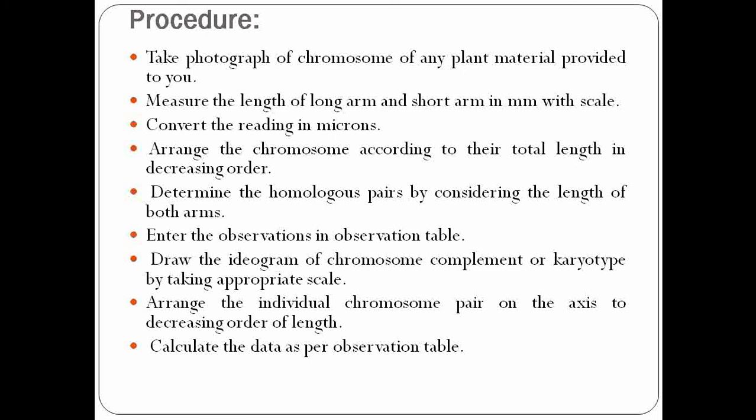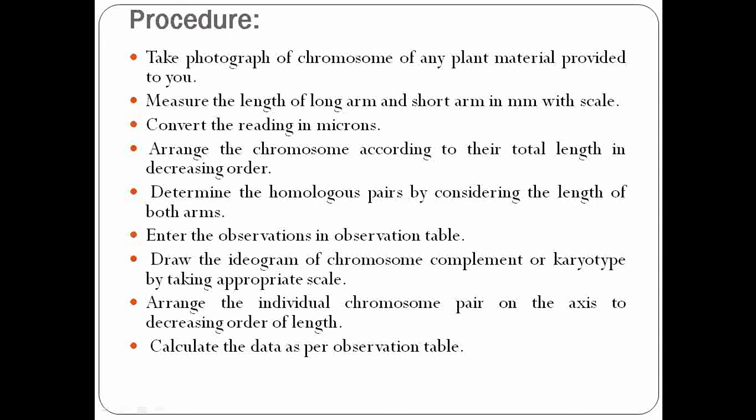Our second step is to measure the length of the long arm and short arm in mm with the help of a scale, or you can also use a thread, to get the exact length of that chromosome.